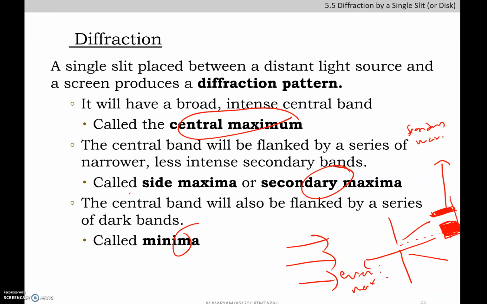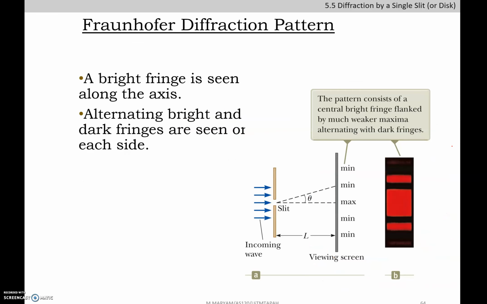Okay, so where is the minima produced? Minima is where there will be no light produced. So we call this minima or secondary minima and so on. I'll go through that more later on. So this is how it looks in real life.